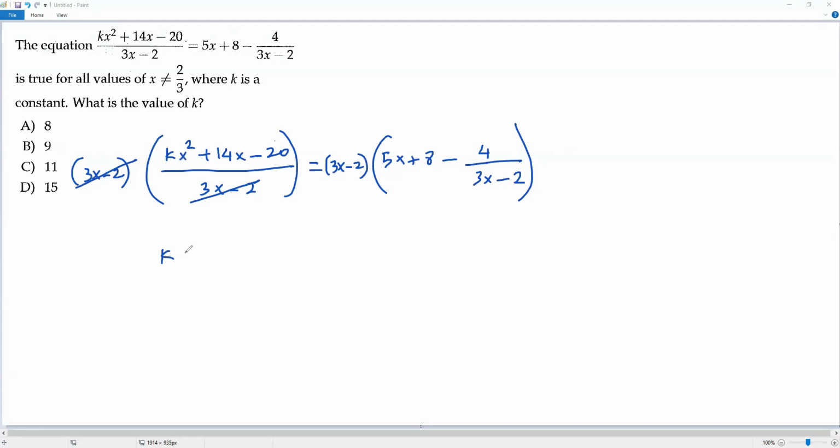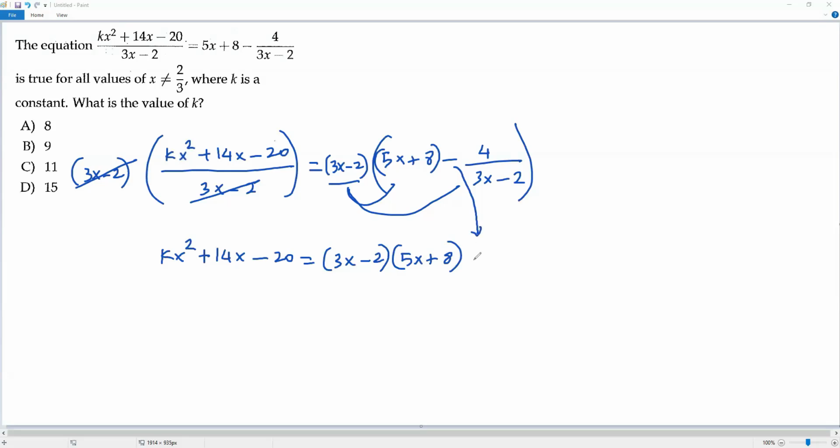So on the left side, I am getting kx² + 14x − 20. Then I consider the expression 5x + 8 as one term, and this is another term. So I have to distribute this 3x − 2 to this one and this one. When I do the distribution, I get (3x − 2) times (5x + 8), and I'm taking this negative sign as it is.